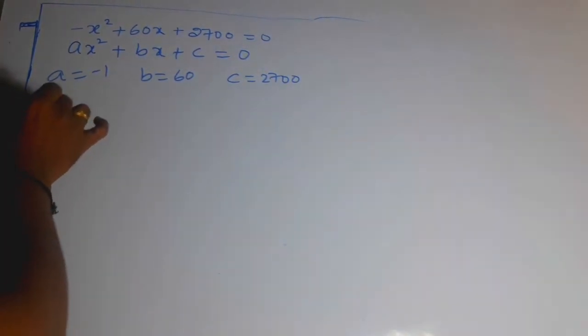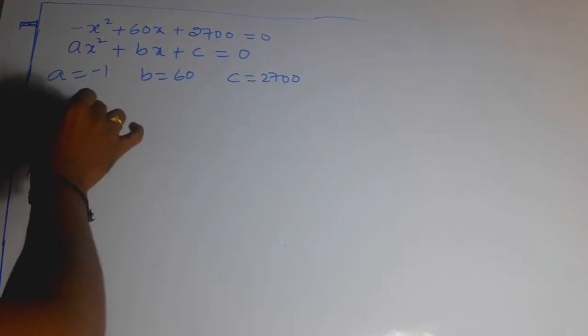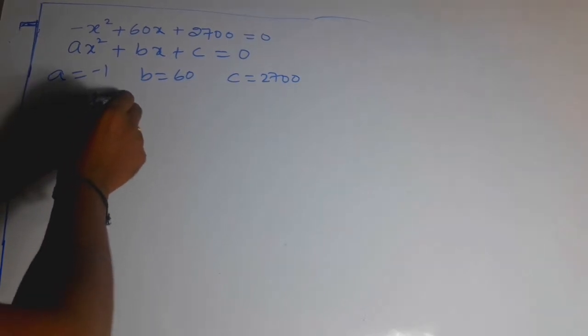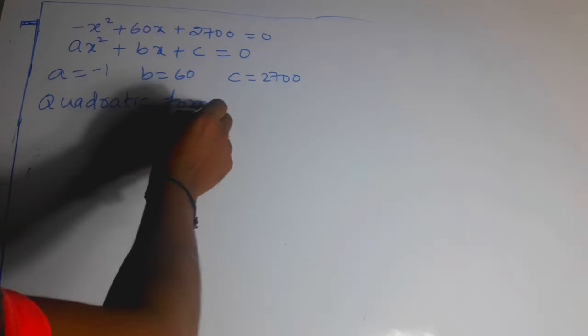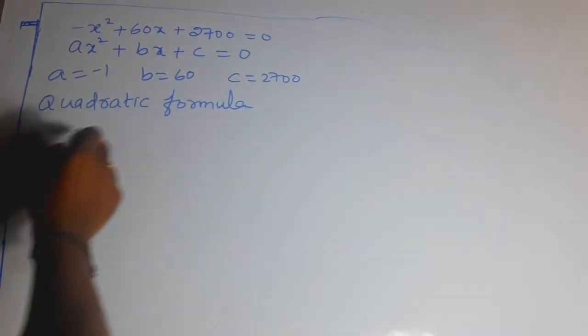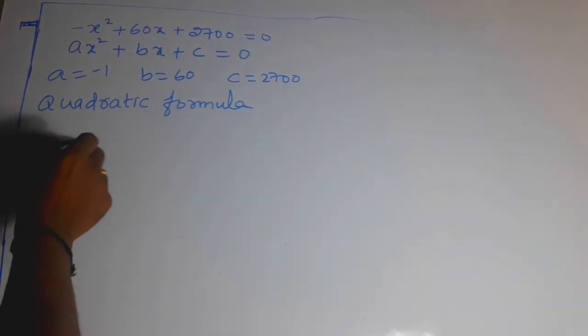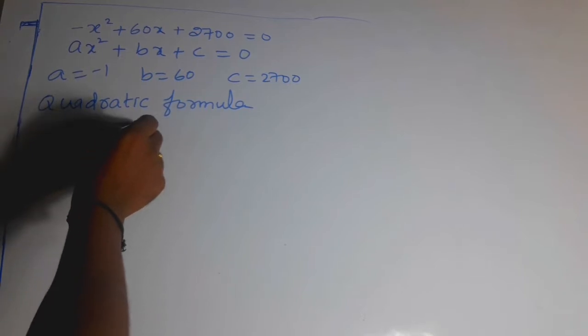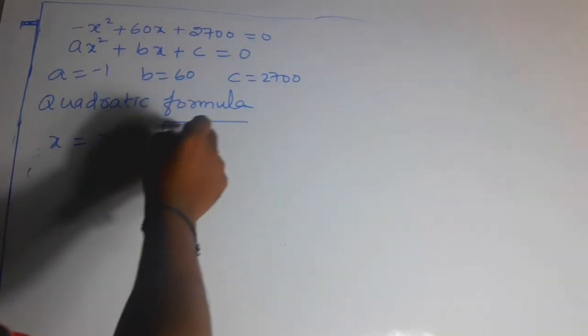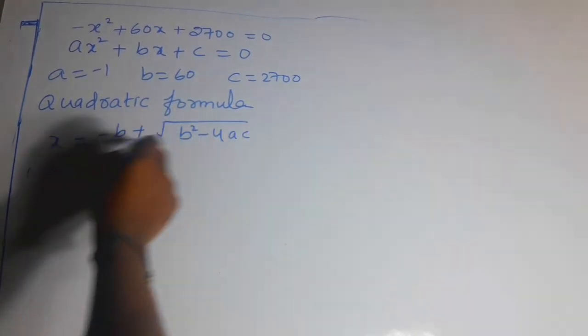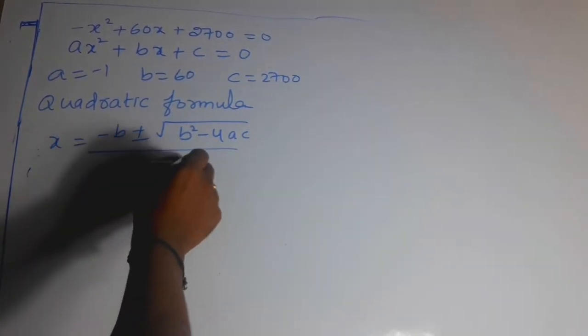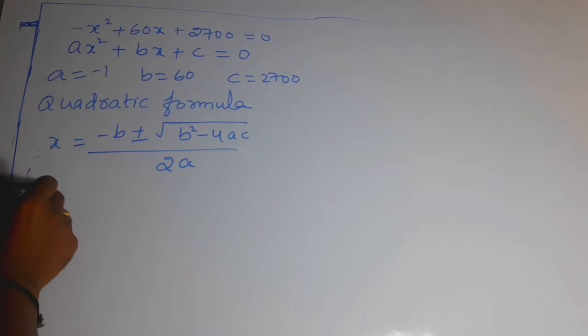So the quadratic formula is x equals minus b plus or minus under root b square minus 4ac by 2a. Now we substitute the values.